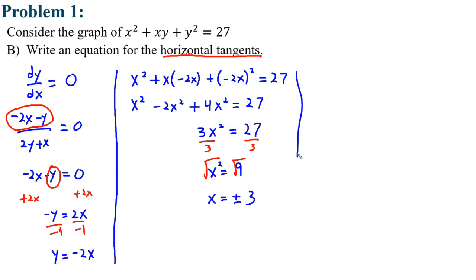Let's go ahead and figure out what those y coordinates are now. I can say y is equal to, taking this expression that we saw a minute ago, negative 2 times the x, we'll go with the 3, which will be a negative 6. All right, so as far as an equation of the tangent line, we can say we have y equals negative 6 at the point 3, negative 6.